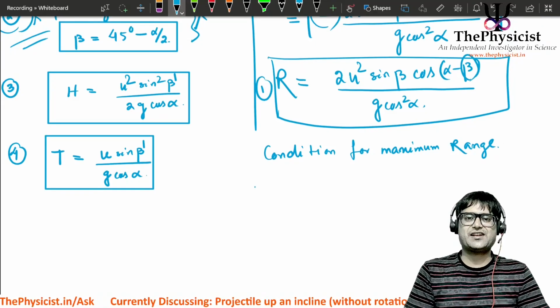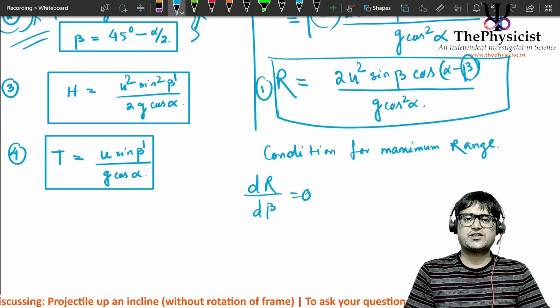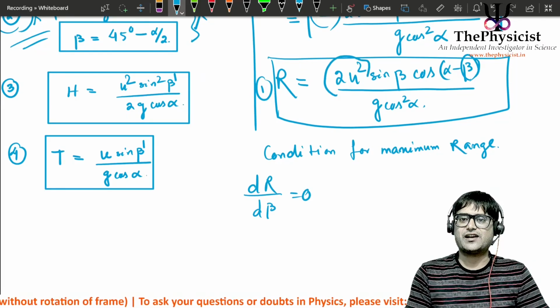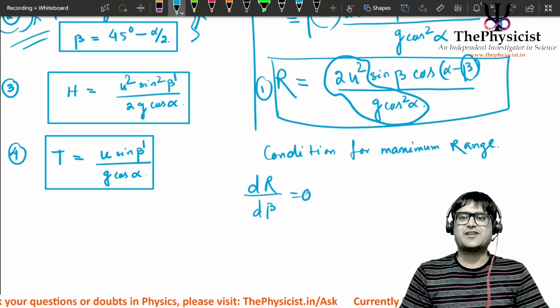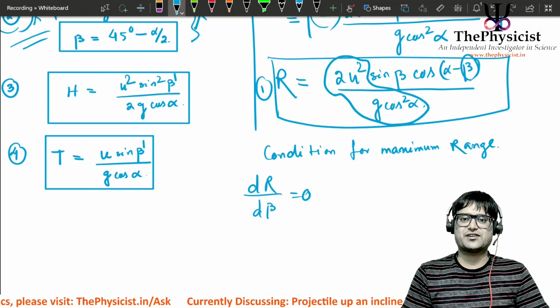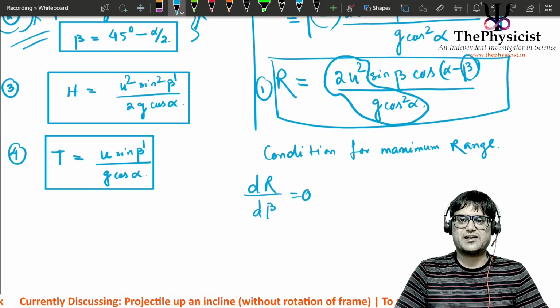See, in this expression again, you will have to do dR upon d beta, and it should be 0. But when you do the differentiation, 2u squared over g cos square alpha is again a constant, right? If this part is a constant, then the differentiation will only depend on sine beta cos alpha minus beta, right?